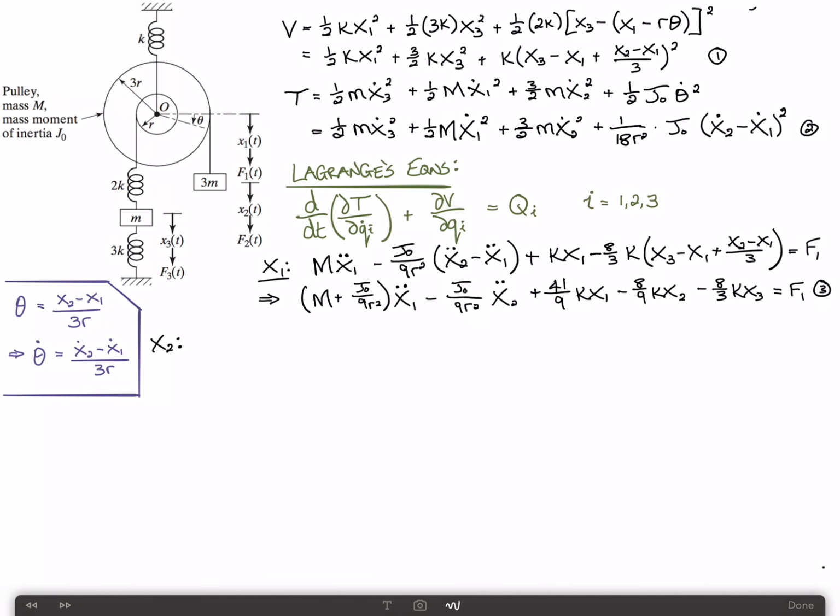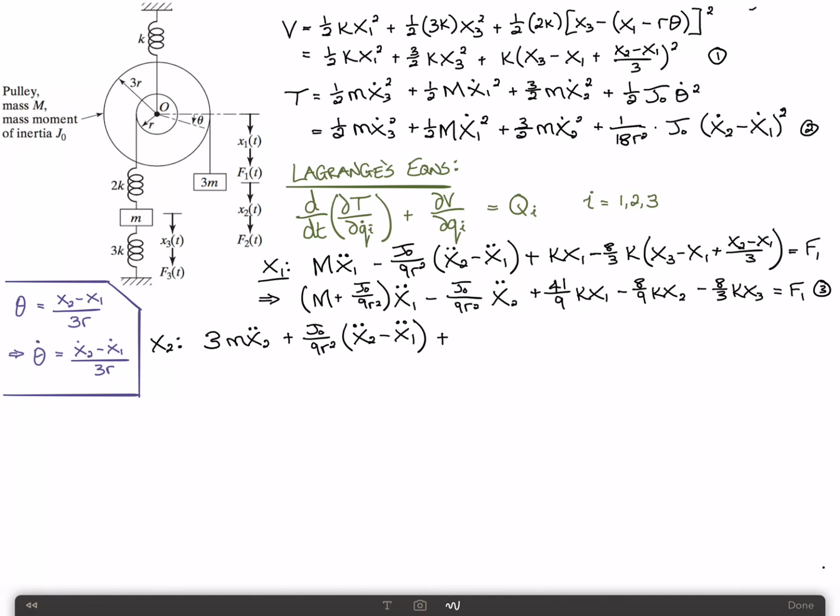The first one gives us 3/2 times 2, which is 3, times m times x2 double dot, because it's the time derivative of that, plus from here we get J0 over 18r squared times 2, so it's J0 over 9r squared, times what's in the parentheses, which is x2 minus x1, and the time derivative of that, which gives us a double dot on top of them.